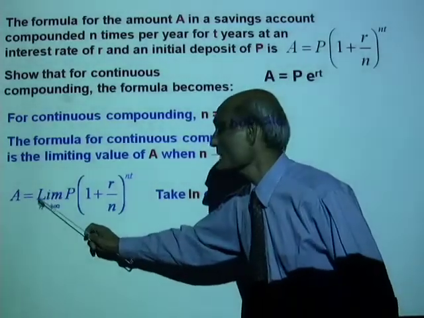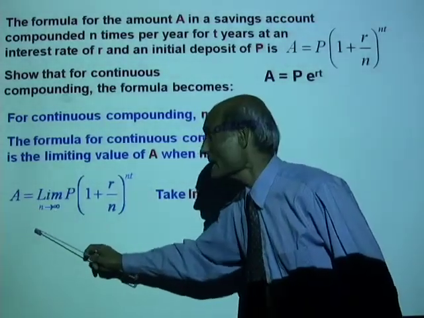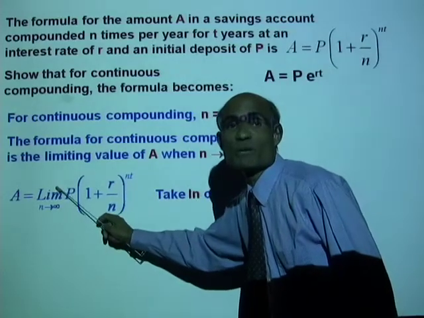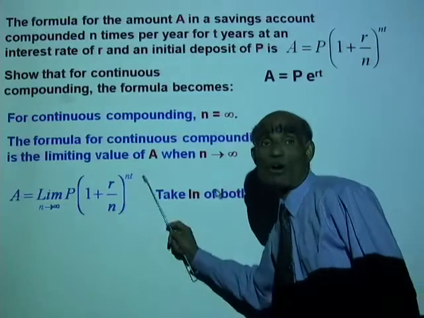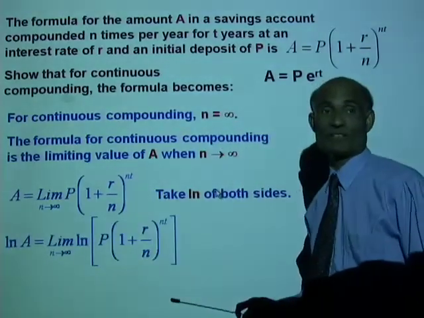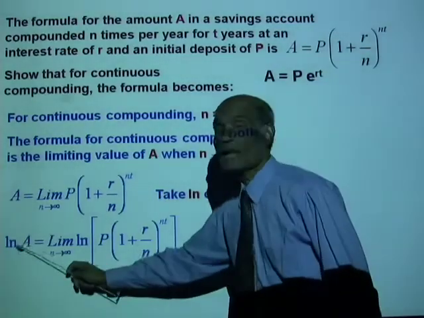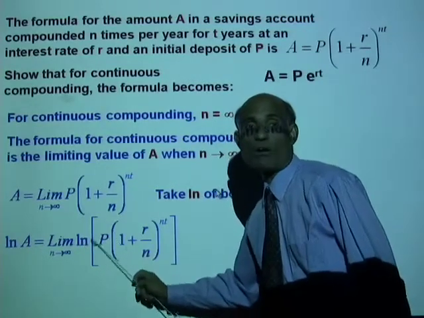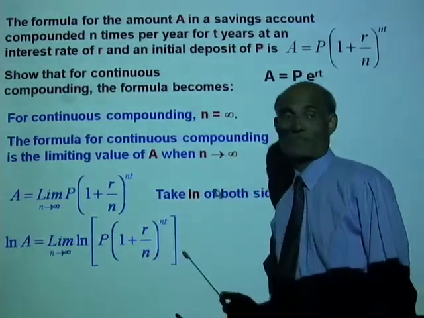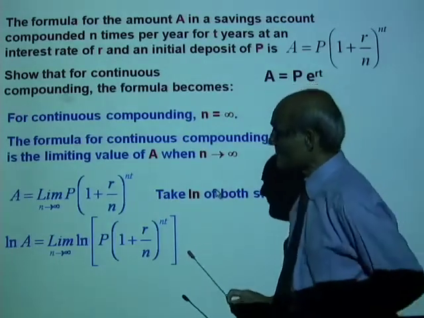All right, help me take the ln. It will give me ln A equal to the limit as n goes to infinity of ln of this quantity. There you go. So, ln A equals the limit as n goes to infinity of ln of this quantity. All right.